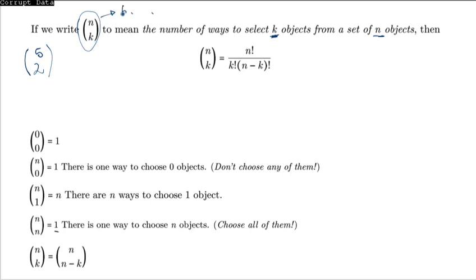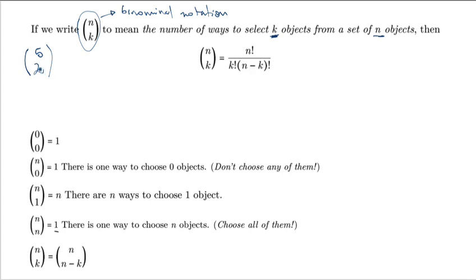This notation is also called the binomial notation, and we can read this as 5 choose 2. Meaning that I have 5 options and I'm choosing 2 of them. I'm grouping 5 objects in a group of 2.